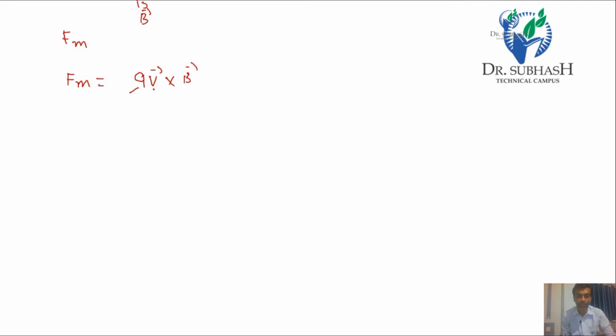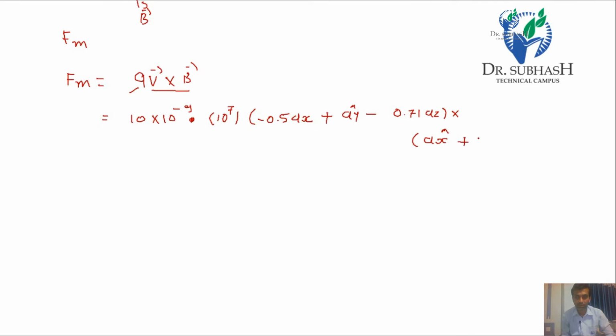So first of all we try to find the cross product V × B. We put the value of Q, which is 10 × 10^−9, velocity, which is 10^7 (−0.5 ax + ay − 0.71 az), cross the B vector, which is ax + 2ay + 3az.